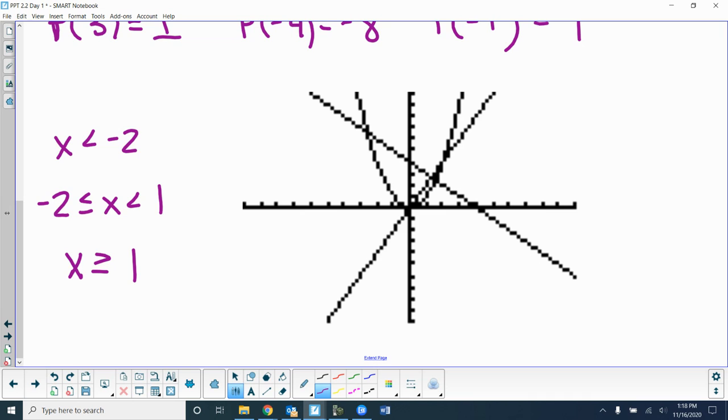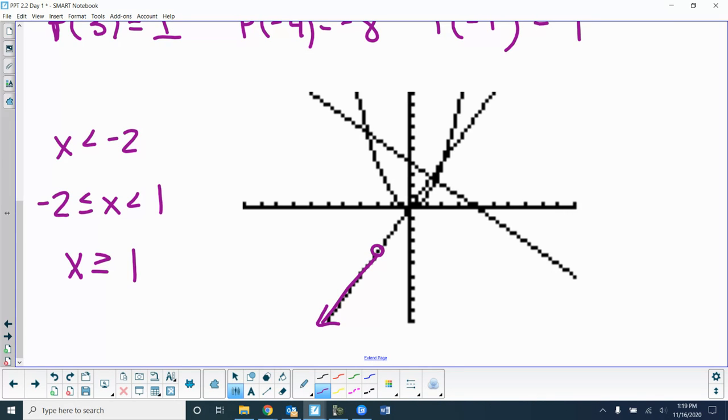Okay, so here's what it looks like. This was the first one, the 2x one. That's this domain. From negative 2 this way, right? With me there? Not including negative 2, right? That's why I got a circle there, right under the negative 2.